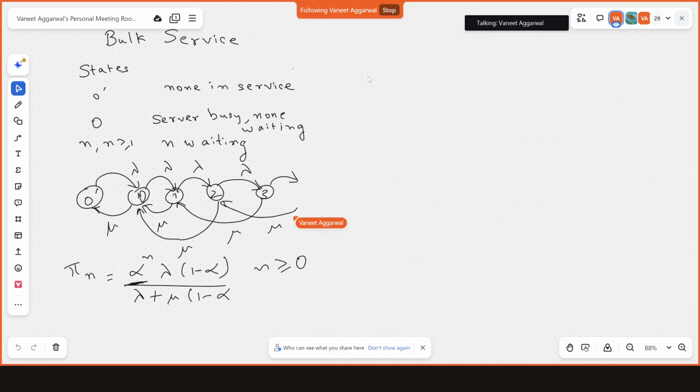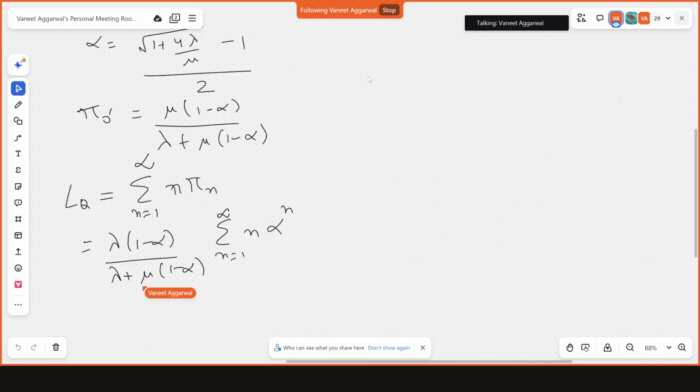This is the only term, alpha to the n, that is dependent on n, so that remains in the summation. Everything else comes outside. Is that clear? Any questions on this? Any questions? Comments?